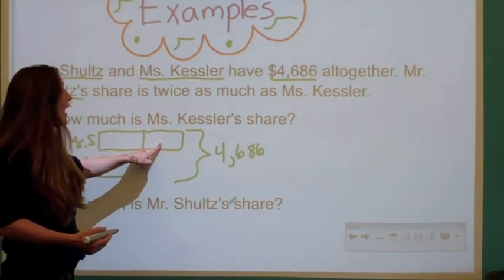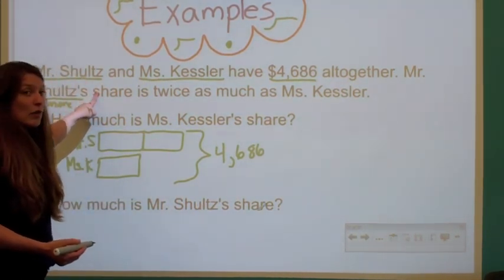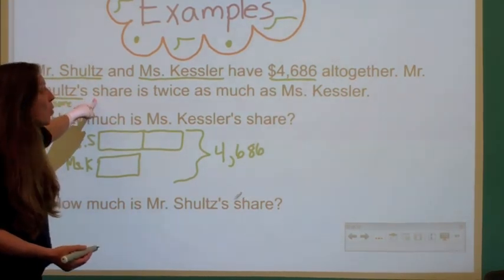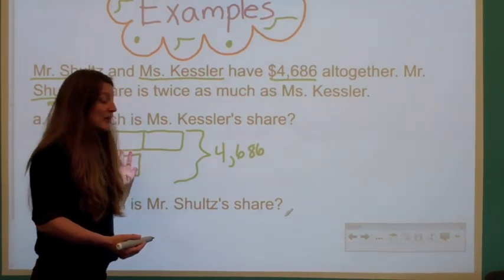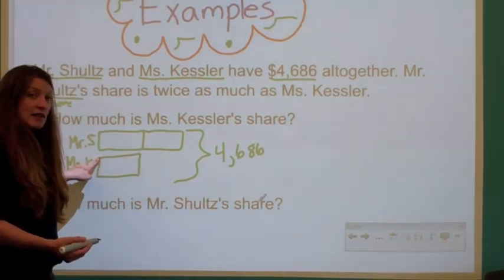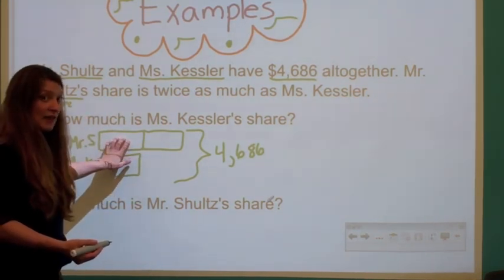How do I know that? Because when I read the first part of my word problem, it said that Mr. Schultz's share is twice as much as Miss Kessler's. 2 times means they multiplied what I had by 2, and that will give us what he has.